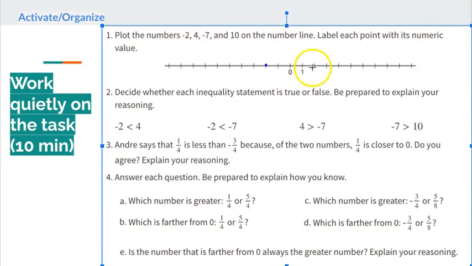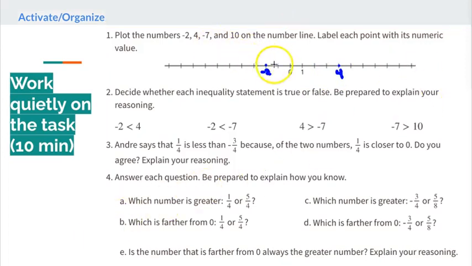4, that's going to be to the right of 0. -7, we're going to go to the left of 0.